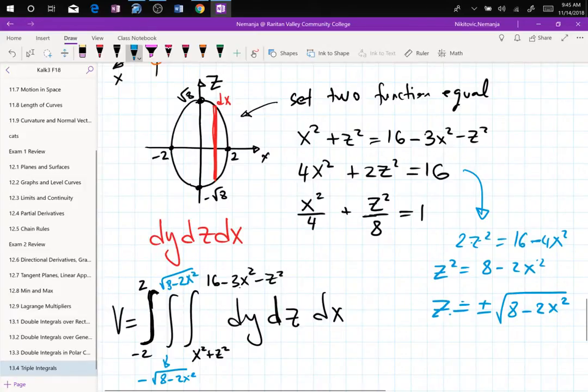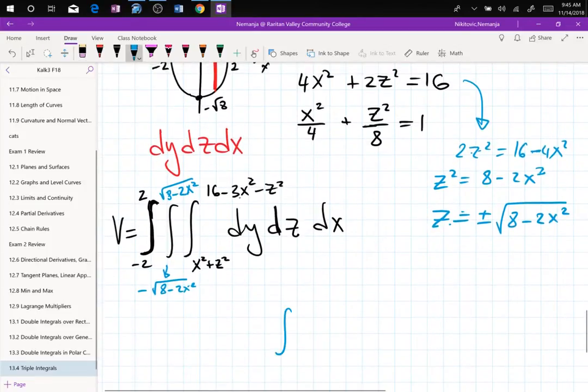Why wouldn't it just be plus or minus root 8 if you made the x values -2 and 2? Well, you can't do that because the x limits are for x's. So you want me to put -2 and 2 and negative root 8 to root 8? That corresponds to a picture like this.